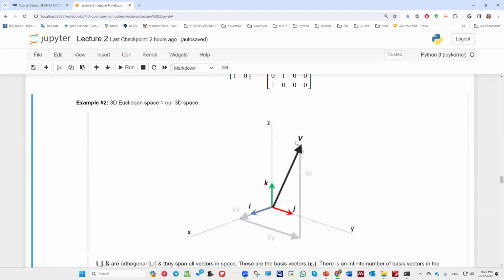And this vector, given like this, can be represented by the projections of this vector on the axes x, y, and z. Right, so this is pretty straightforward. Just as a reminder.